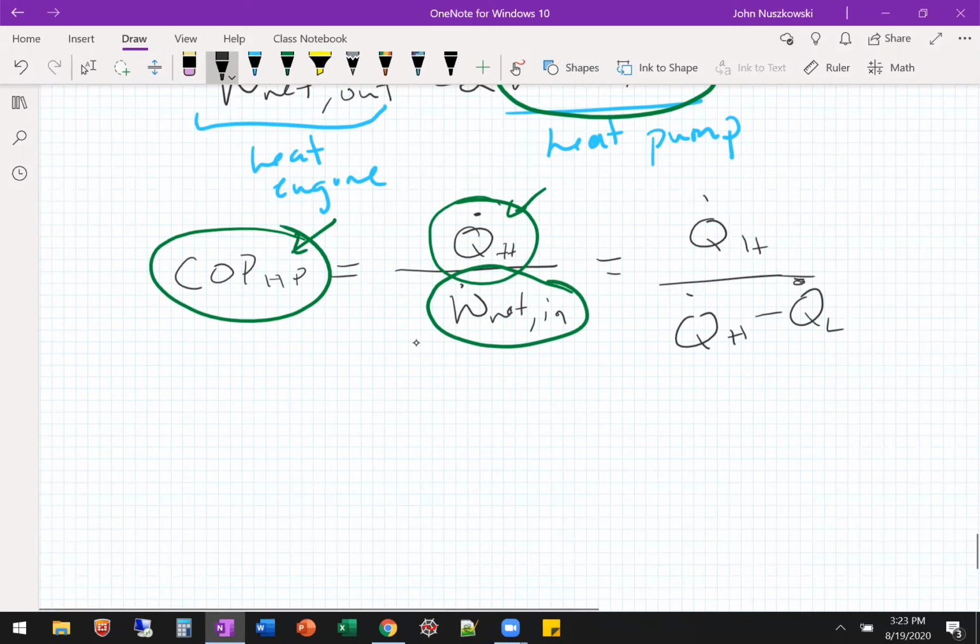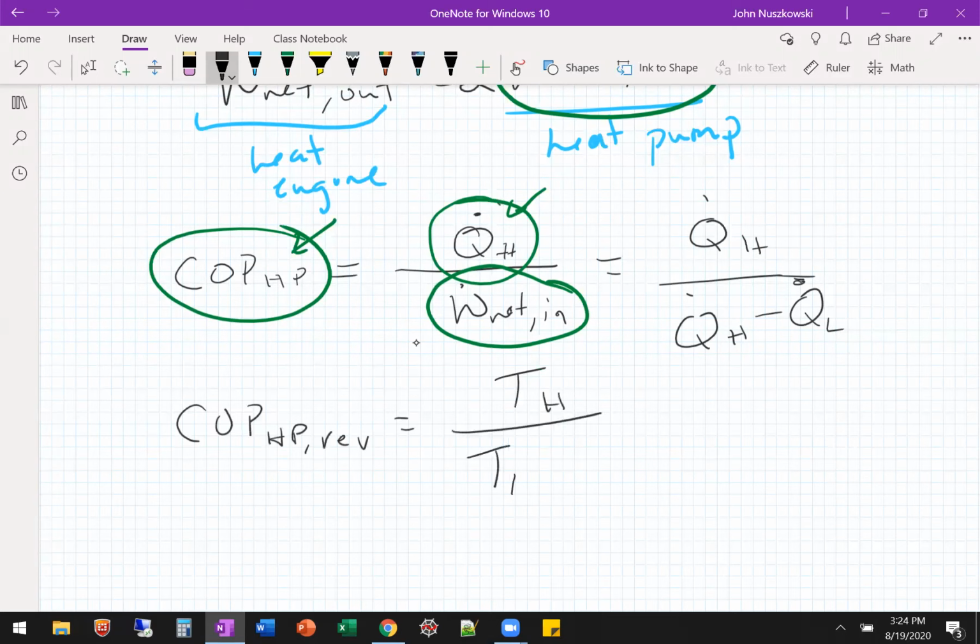So we have our COP heat pump reversible, since it's a Carnot heat pump. So we have TH divided by TH minus TL, which again, absolute temperatures, because you're dividing temperatures.